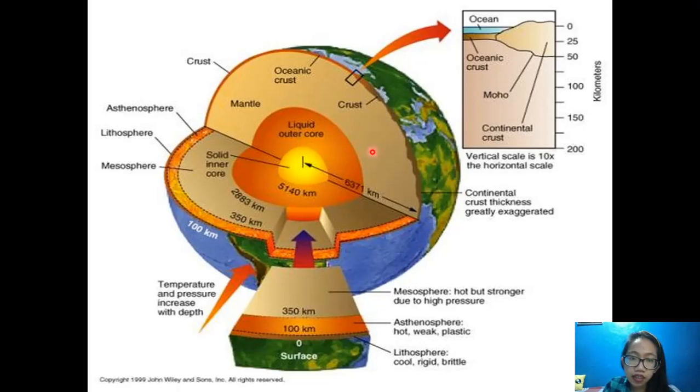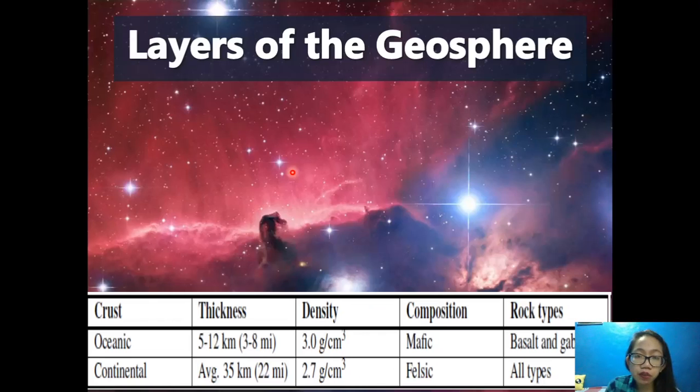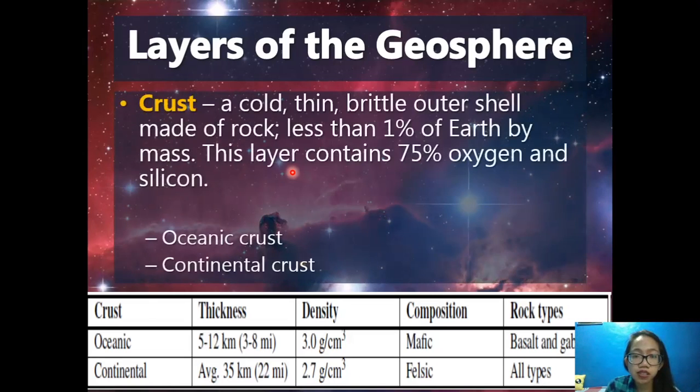Then you have your liquid outer core, although a molten outer core would be a better term because it's semi-solid, semi-liquid and moving continuously within our planet. And then you have your solid inner core. Other terms we will go through as we discuss the slide. Again, the crust is the cold, thin, brittle outer shell, and it's less than 1% of our Earth.